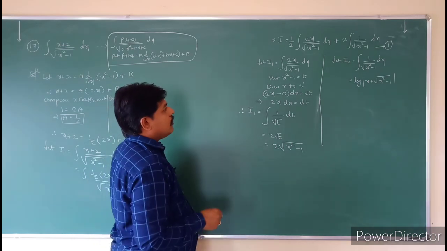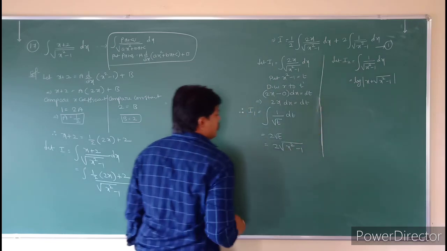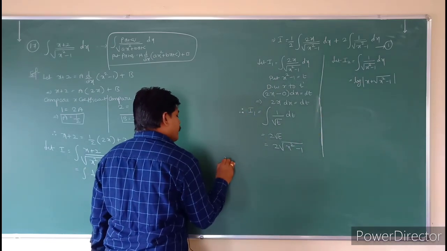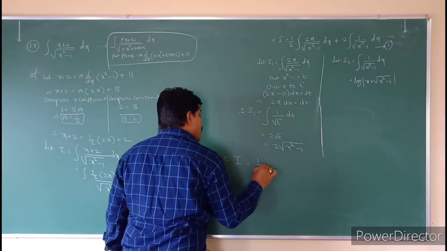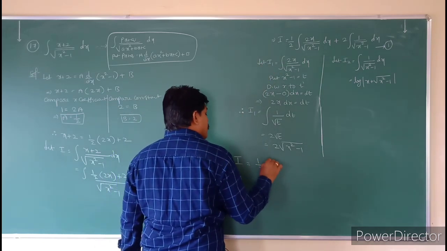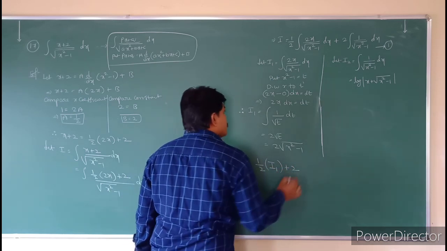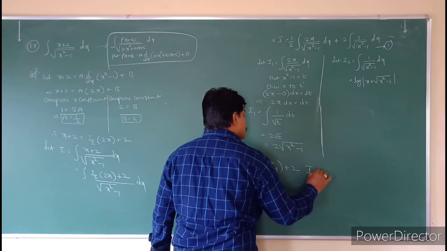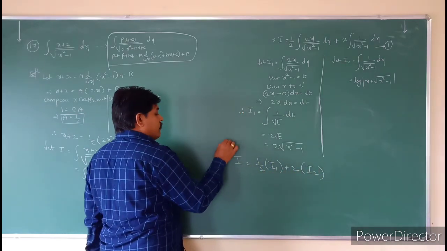So this is I1 and this is I2. Therefore I is equal to 1 by 2 into I1 plus 2 into I2. I is nothing but from 1.